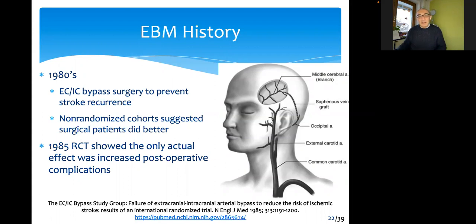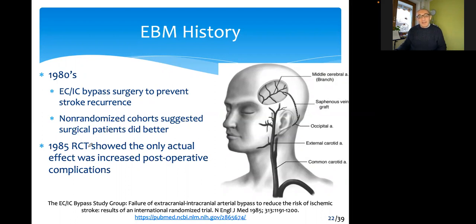In the 1980s, there was this procedure, extracranial to intracranial bypass surgery to prevent stroke. They thought logically, if I can do a bypass for the occluded heart vessels, why don't I make a bypass for the brain vessels?